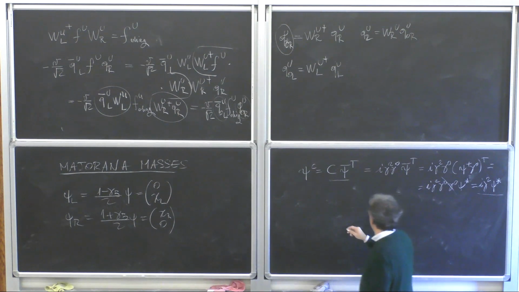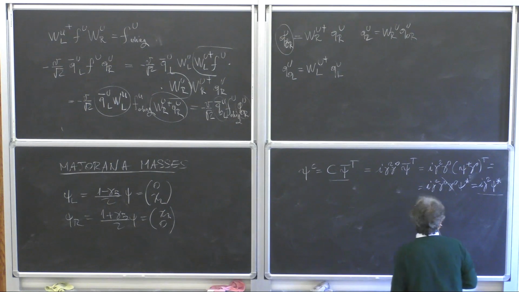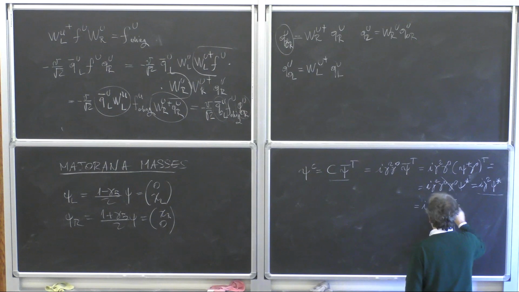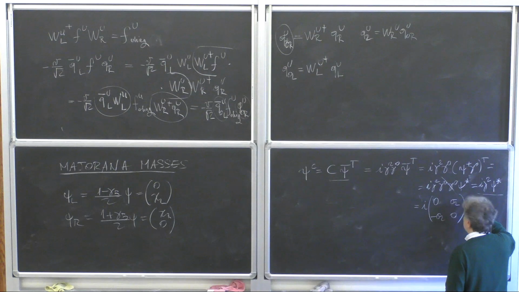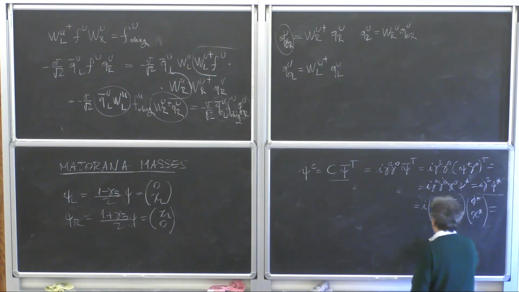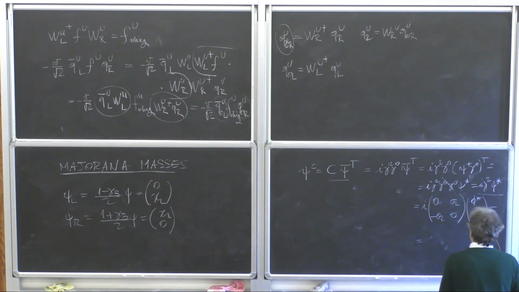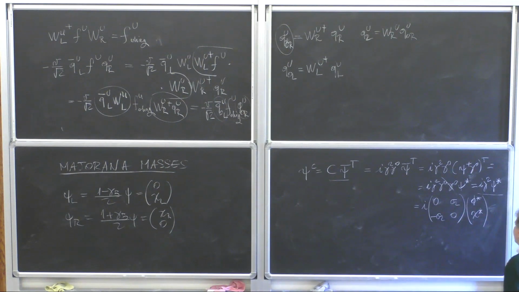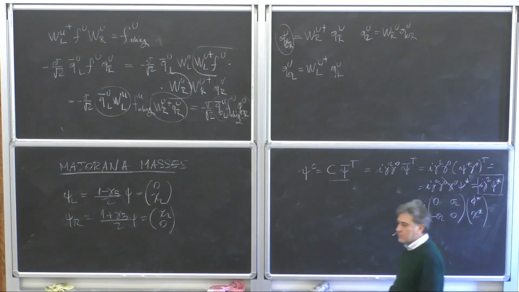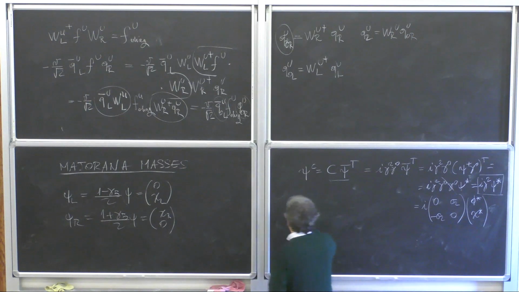If we write explicitly what gamma 2 is, with psi star made of phi star and chi star, this is the charge conjugated field.